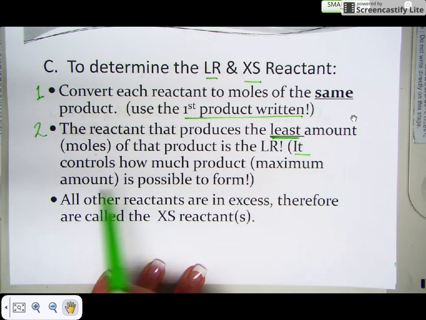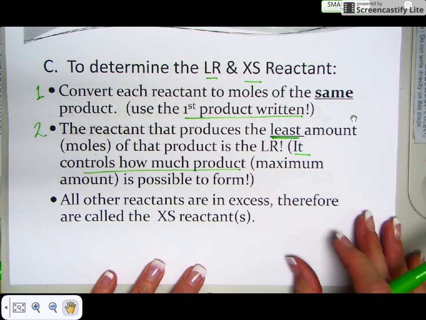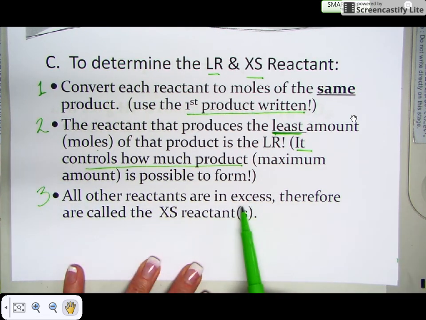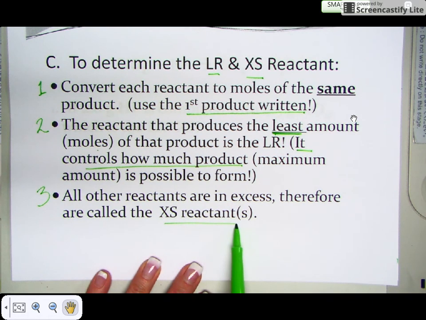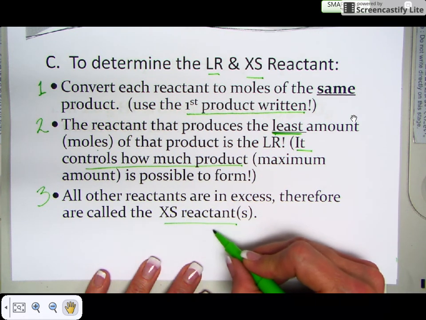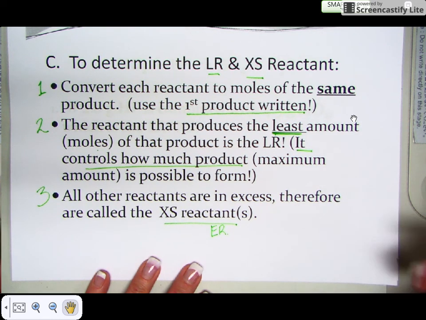It is the thing that controls how much product you can make in the reaction. All other reactants are considered in excess, and so we call those the excess reactants. And you can abbreviate excess reactants with an X and an S, or you can just put ER for excess reactant if you would rather.